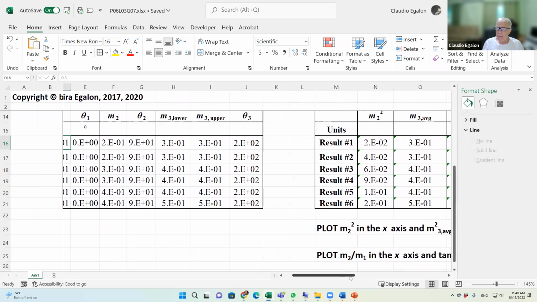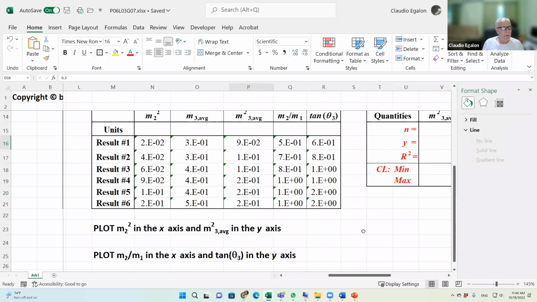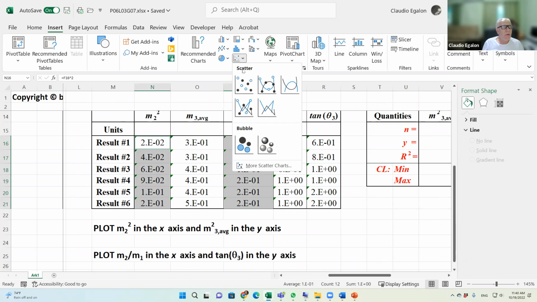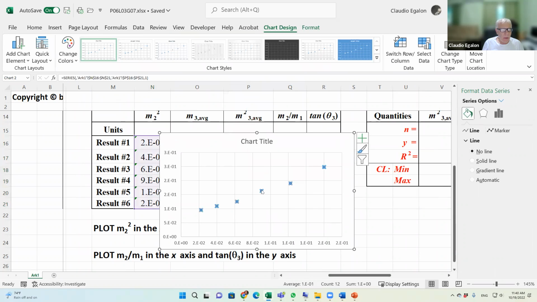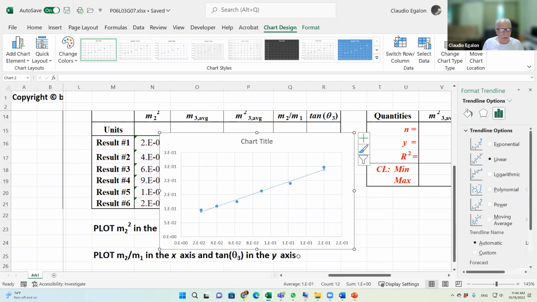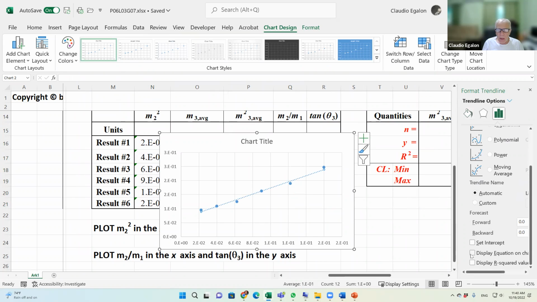So let me see. I want to make sure I'm getting that value. Insert chart. Because we changed the values, now all those are okay. Still 9.7. Huh, still 0.036.